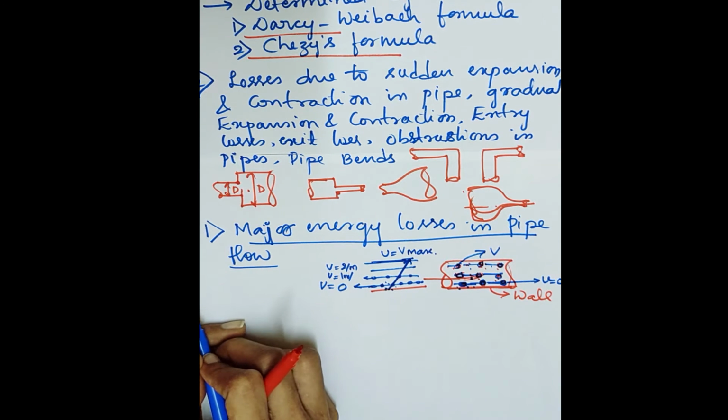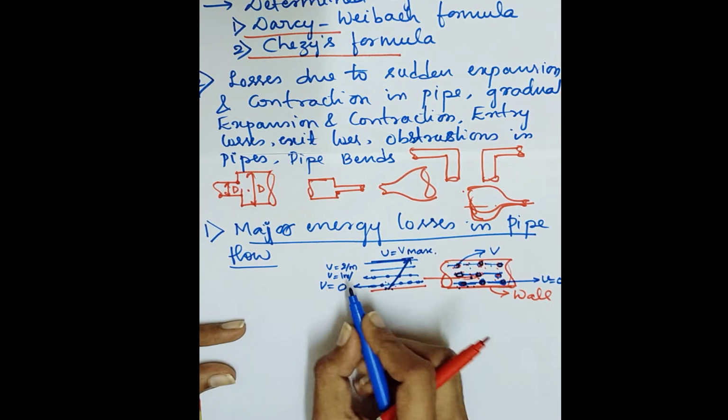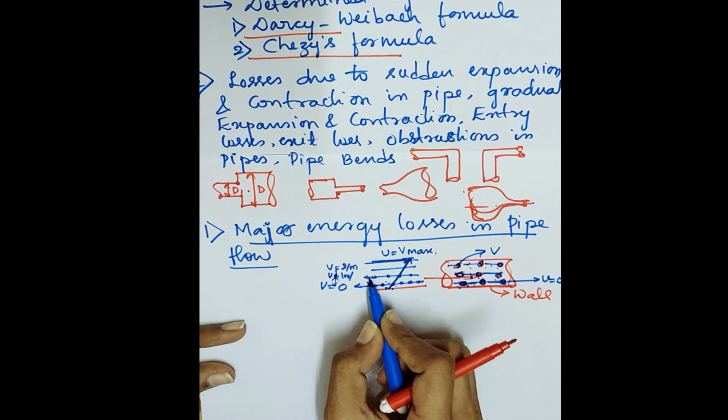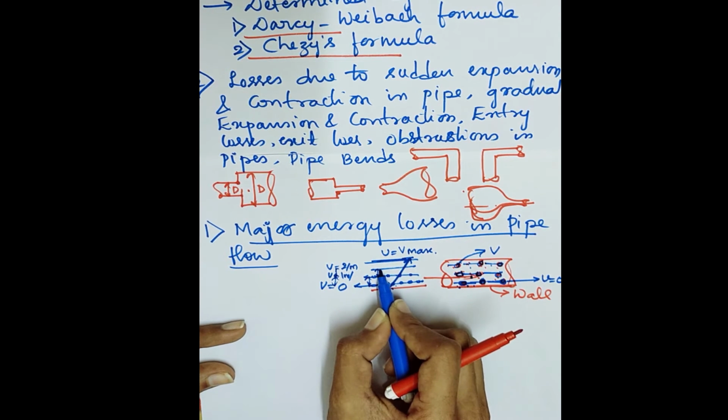Due to these relative velocities, meaning the change in velocity from one layer to another layer, there is a velocity change from this layer to this, and again from this layer to this layer.